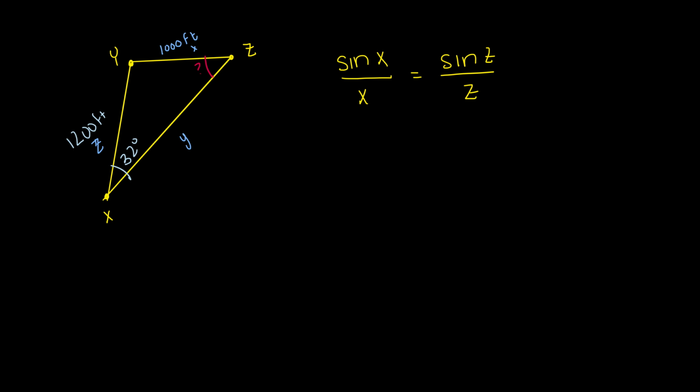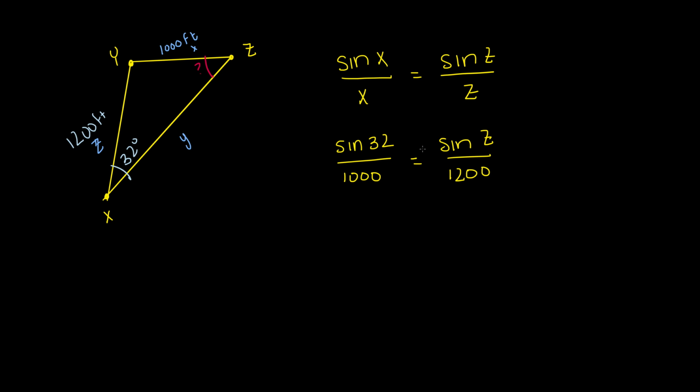So I see here that x is 32, so sine of 32 degrees divided by my x value, which is 1,000 feet, equals sine of z, we don't know what z is, divided by 1,200 feet.